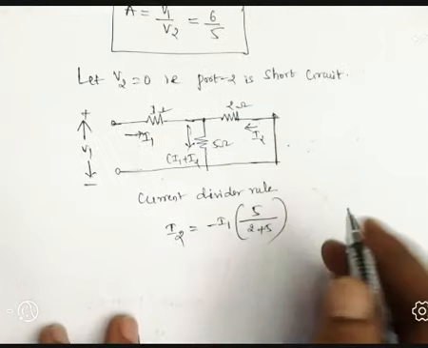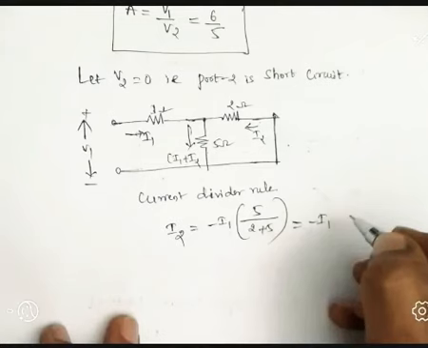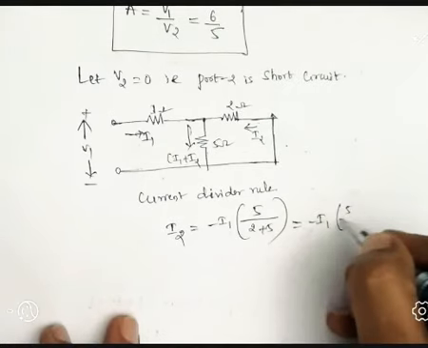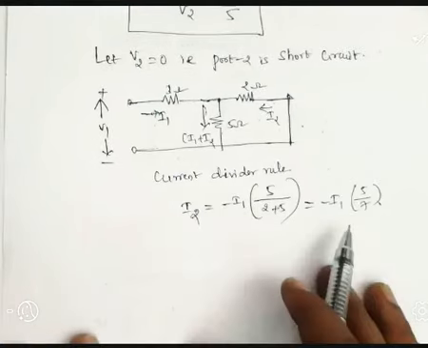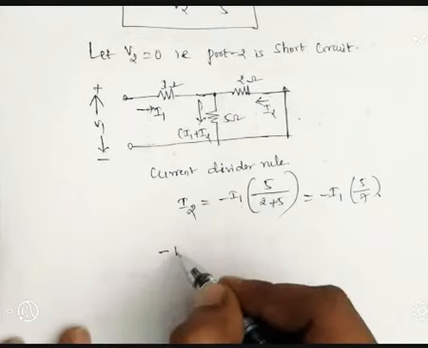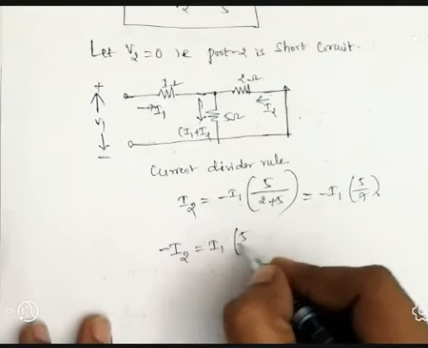So further simplification, minus I1 into 5 by 7, and I am going to multiply both sides by minus 1, so it becomes minus I2 equal to plus I1 into 5 by 7.